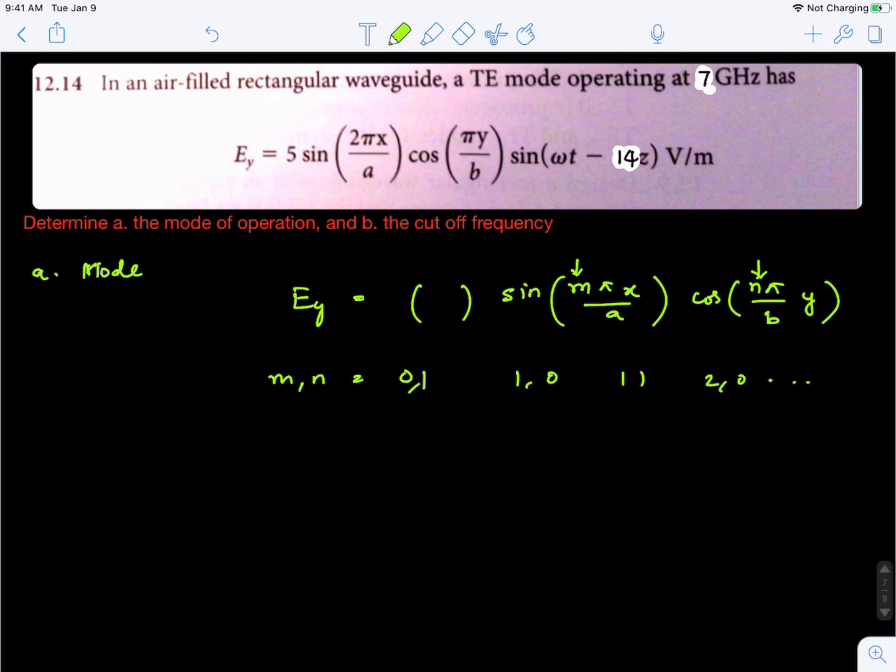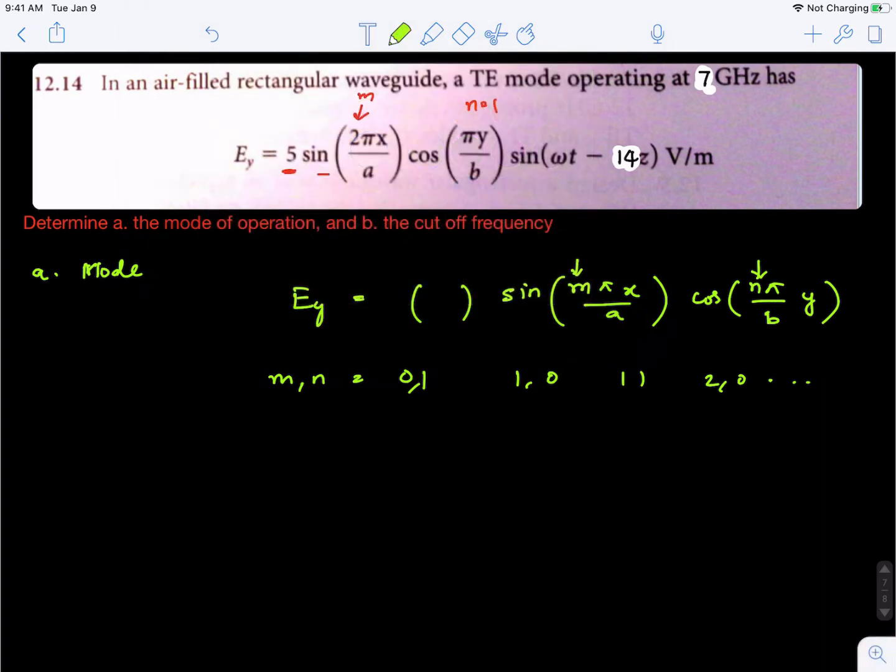So if you can find the similar expression here, the constant is 5. We have a sine term with mπx/a, where m is equal to 2, and the cos term, cos(nπy/b), here there is no n, which means n is probably equal to 1, and the rest is the time domain equivalent.